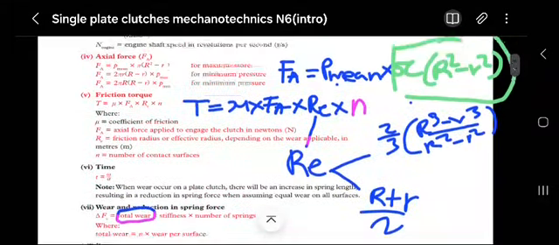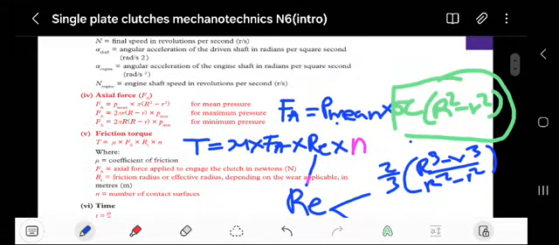We have these 3 formulas. The one for mean pressure is this one. We are not given the maximum pressure or the minimum pressure, just limited, which will be P mean. That is the one we'll use to calculate the axial force.